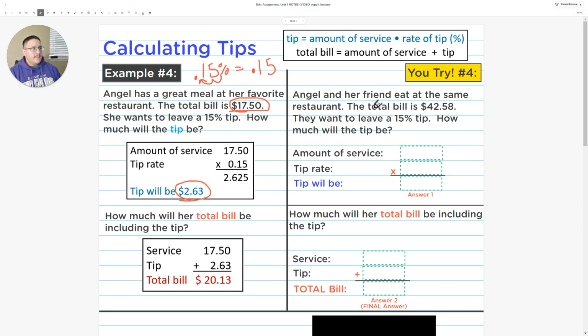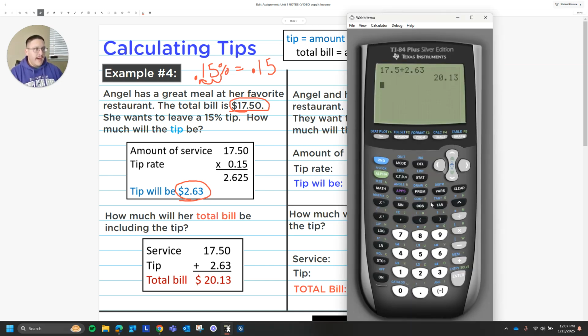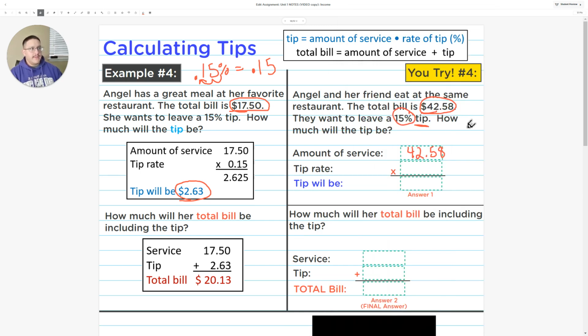So again, total bill was $42.58. She wants to leave a 15% tip. So the amount of service is $42.58. The percent tip, again, using either the shortcut or dividing the percent by 100, decimal form of 15% is 0.15.